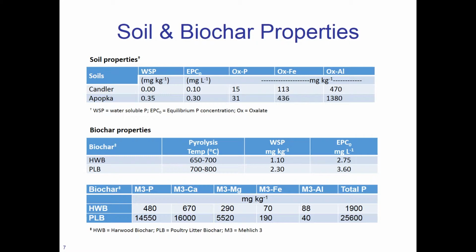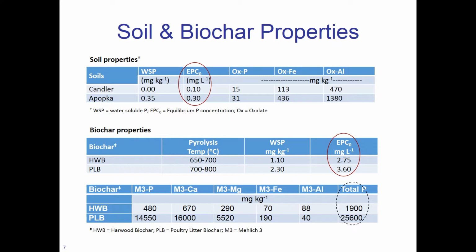If you look at the other parameters in the biochar, there is a really significant difference between the EPCs of the various biochars compared to the soil, as we just showed. And also, there is a very significant difference in the total P concentration of the hardwood biochar and the poultry litter biochar.